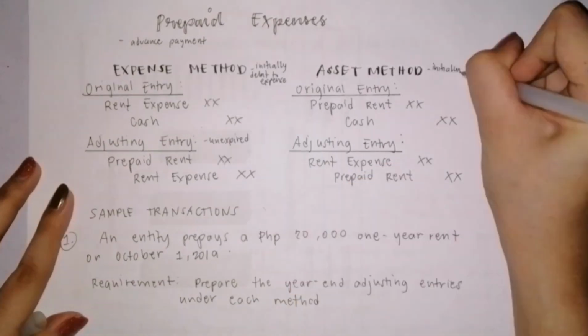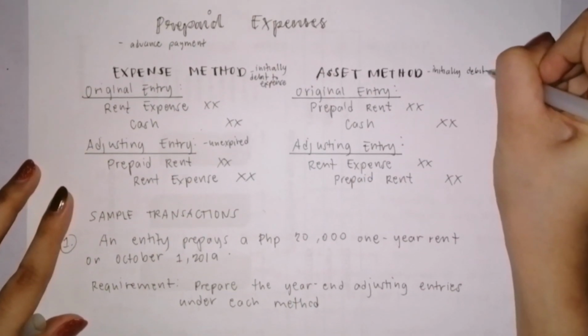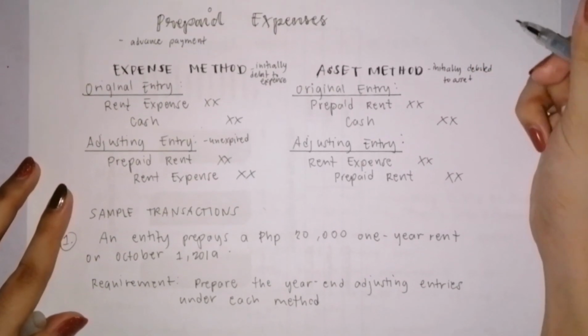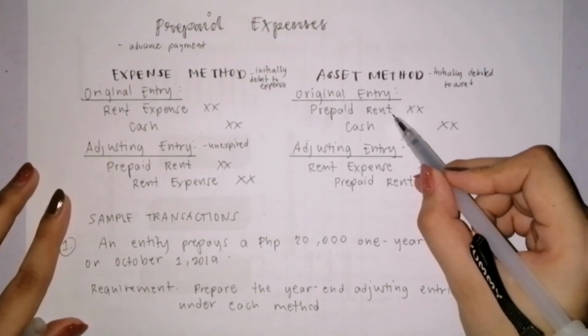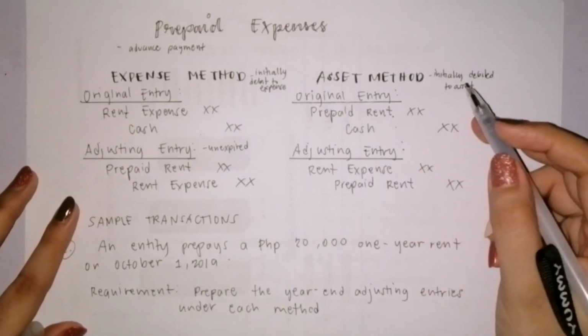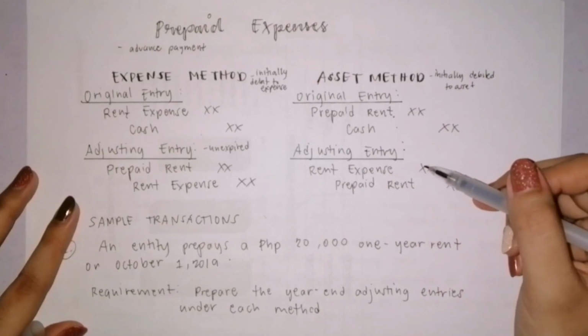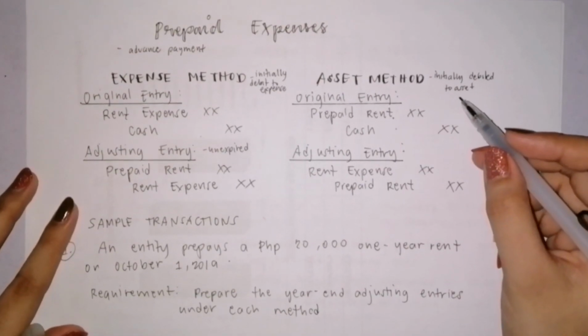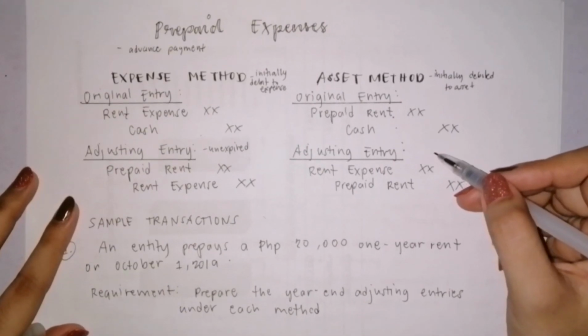Next method is the asset method. In here, cash disbursements are initially debited to an asset account. To record advance payments, we debit prepaid rent and credit cash. At year end, the amount to be recorded in the adjusting entries is the expired portion.